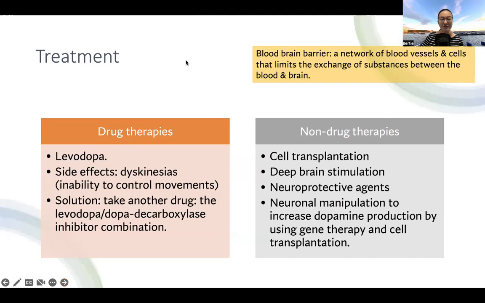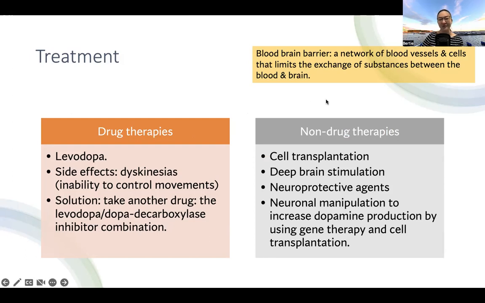What are the treatments for Parkinson's disease? Drug therapies and non-drug therapies. Drug therapies include levodopa. The side effects are dyskinesias, or inability to control movements. The solution is to take another drug, the levodopa or dopa decarboxylase inhibitor combination.